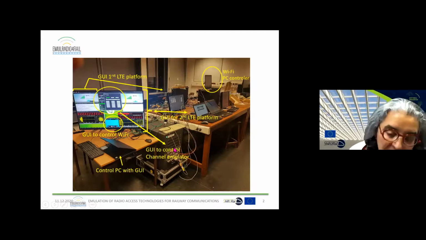So I hope that collaboration between the railway operator and the research can help to do this kind of work, to have tools to be able to perform zero on-site testing in the laboratory.